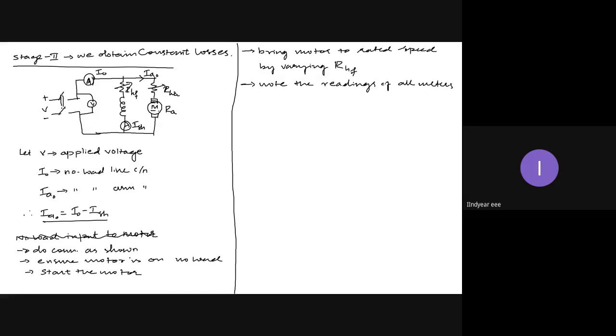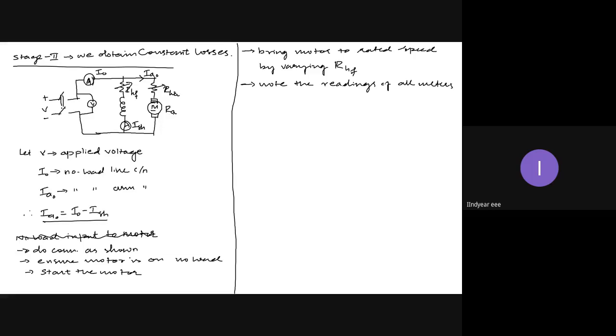Even though this is a generator, I should make it run as a motor during testing. Then I have to use the losses and expressions for the generator to find out the efficiency of the generator. Once we find the losses and efficiency expressions, I will let you know.